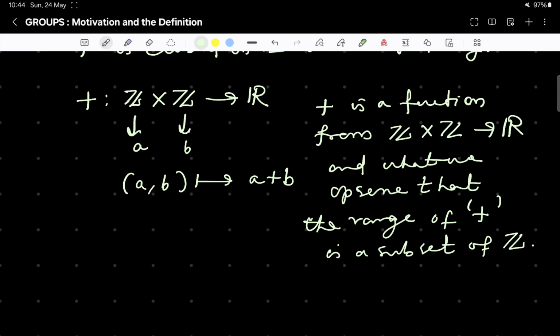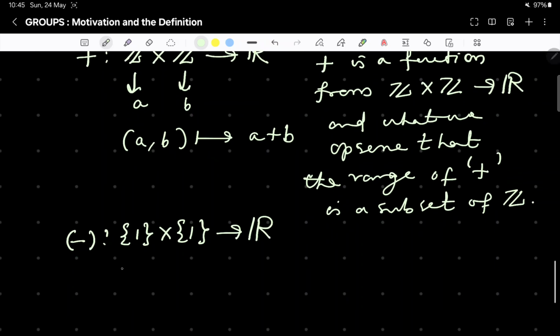Okay, for instance, if you take the operation subtraction and you choose some other set, like suppose you choose a singleton set {1}, so {1} cross {1}, going to real numbers.